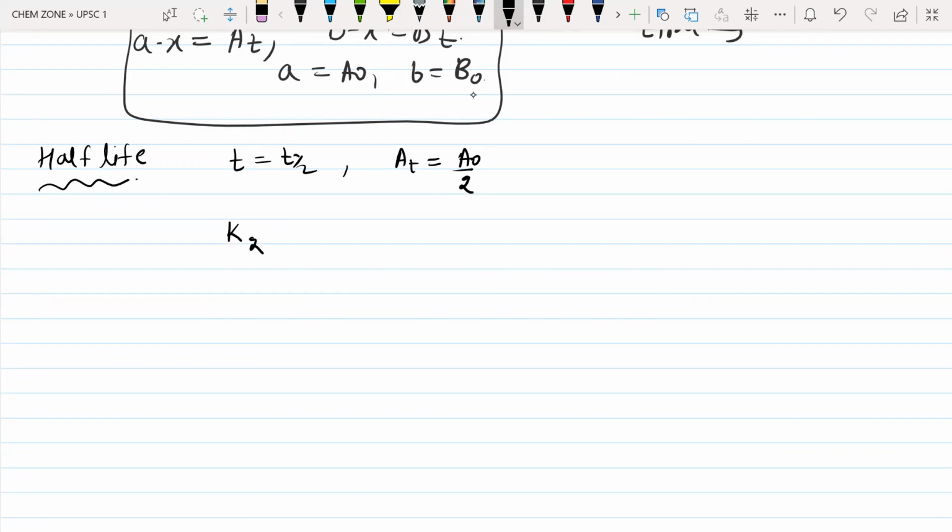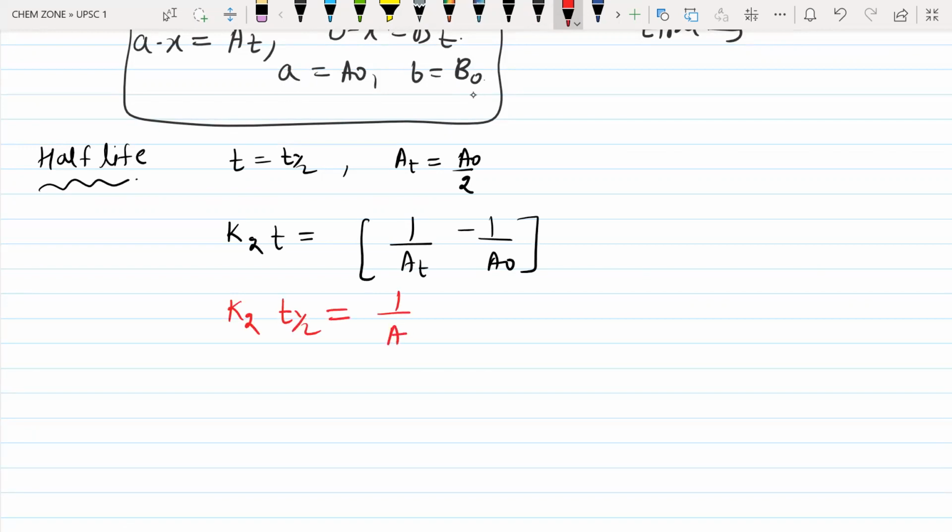So we know that for a second order reaction, kt can be given as this. Now place t half in place of t and put the value of At.